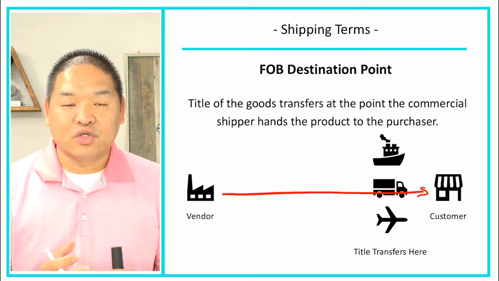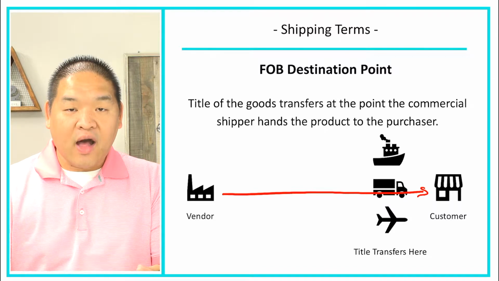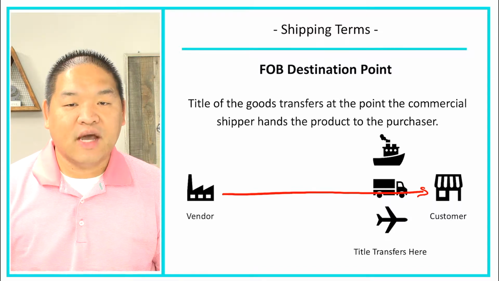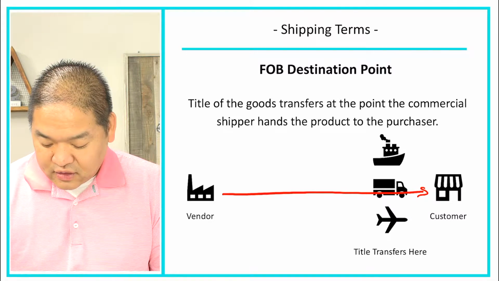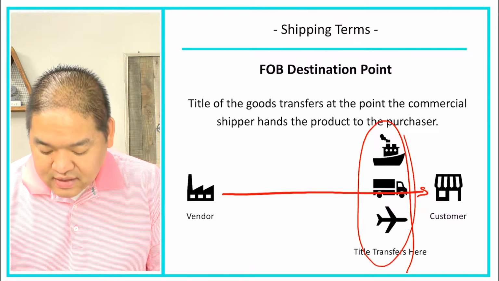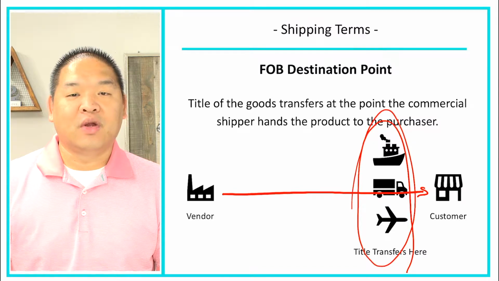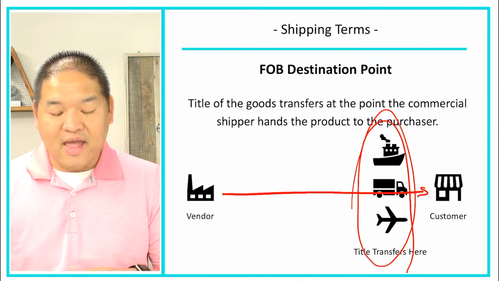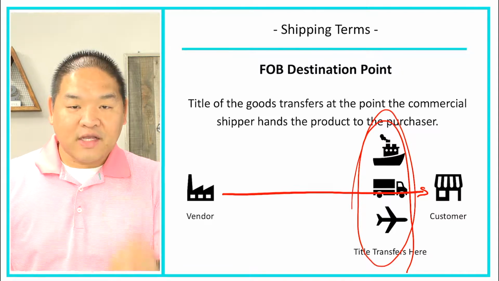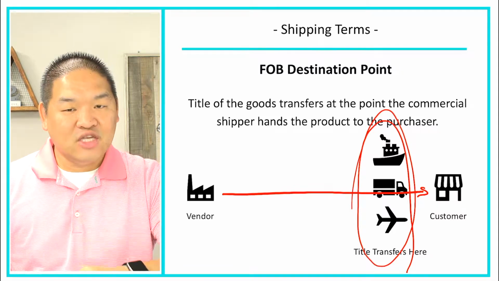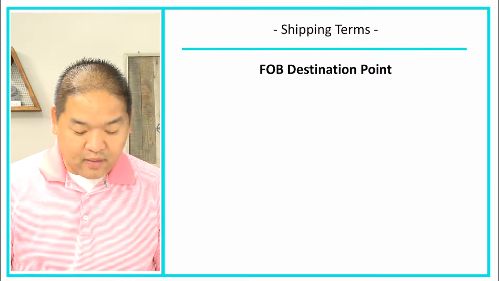Now, once that commercial shipper drops it off or delivers it to the customer, the sale is complete. The title has transferred at this point in time when the customer gets it. So that is what FOB destination point means. We transfer the title at the destination rather than at the shipping point.